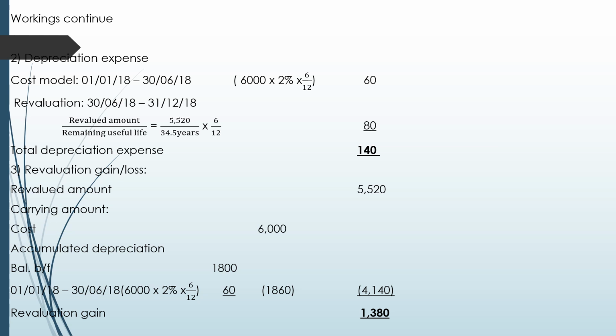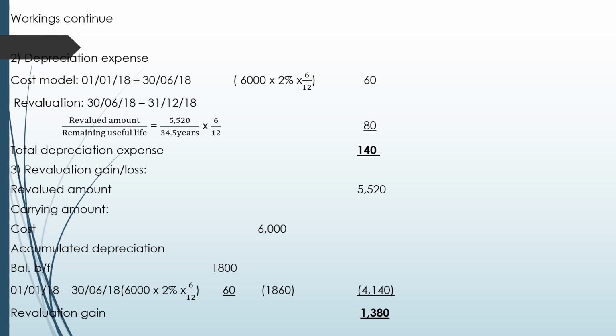And before we can ascertain what our revaluation gain or loss is, we will first of all have to calculate what our carrying amount is. Remember, we have already defined what carrying amount is. So we'll just plug in the figures. Our cost is 6,000. Our accumulated depreciation or balance brought forward is 1,800. And then under the cost model, our depreciation for the period, referred to working 2, is 60.